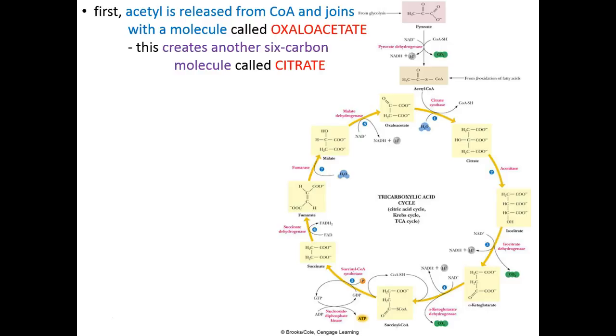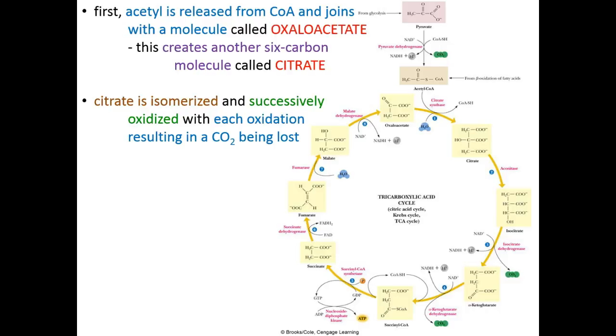When we link acetyl, which is 2 carbons in size, to oxaloacetate, which is 4 carbons big, we create a 6-carbon molecule called citrate. Citrate is isomerized to isocitrate, and then we have 2 oxidative decarboxylation reactions. These are reactions where we steal electrons from isocitrate.